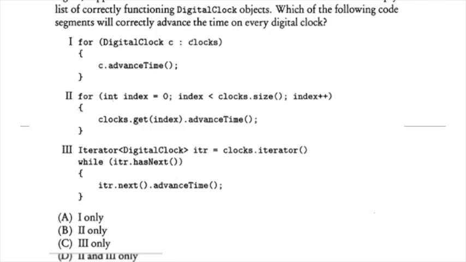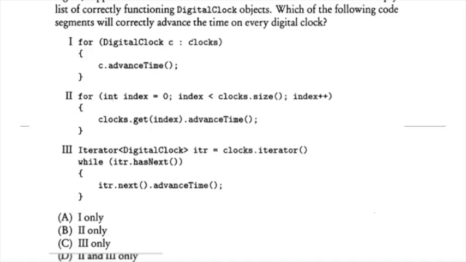Question 14, again, suppose that clocks is initialized and assume that it contains a non-empty list of correctly functioning digital clock objects. Which of the following code segments will correctly advance the time on every digital clock? Okay, again, let's check these three different implementations.